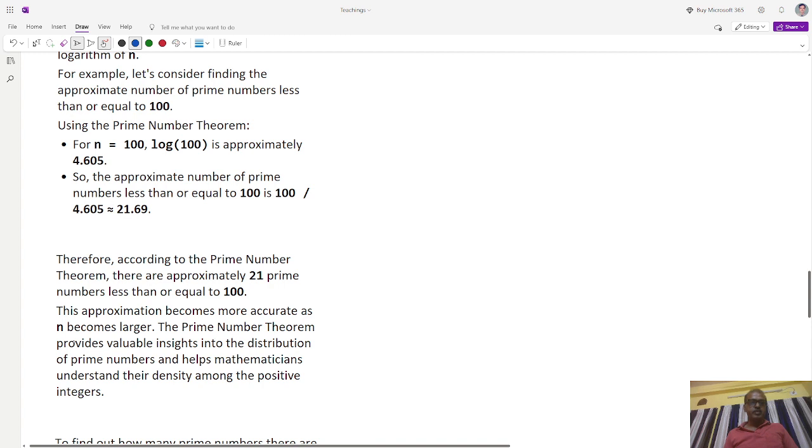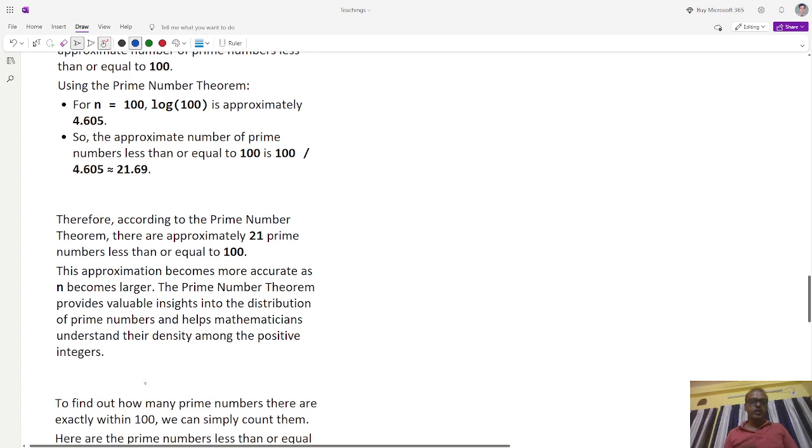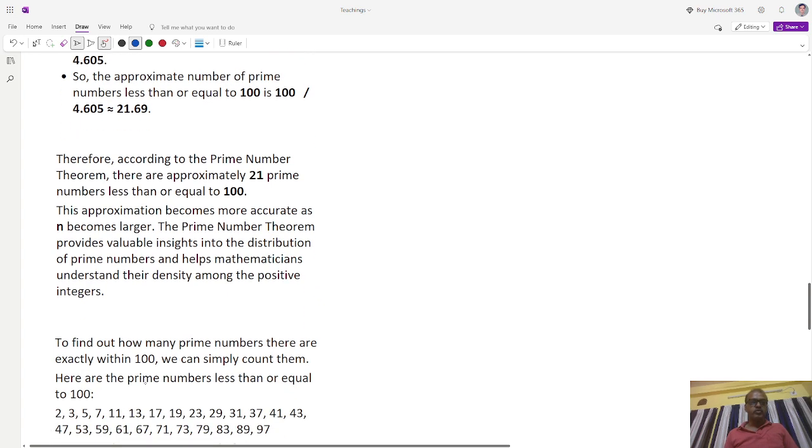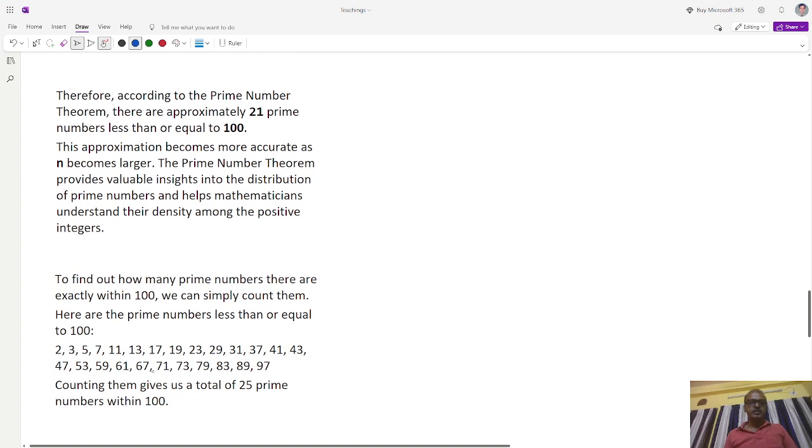The prime number theorem provides valuable insights into the distribution of prime numbers and helps mathematicians understand their density among the positive integers. Understand? So it is the approximate value and it will be more accurate for larger numbers. To find out how many prime numbers there are exactly within 100, we can simply count them.